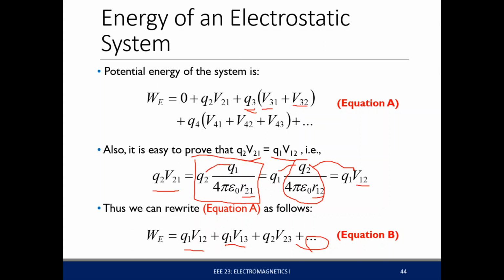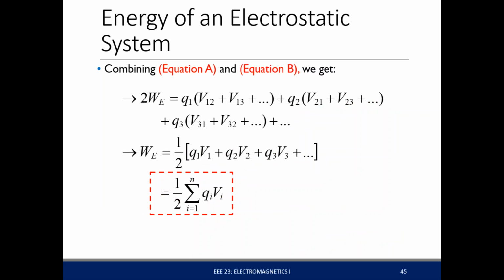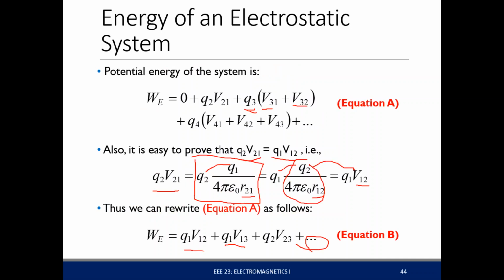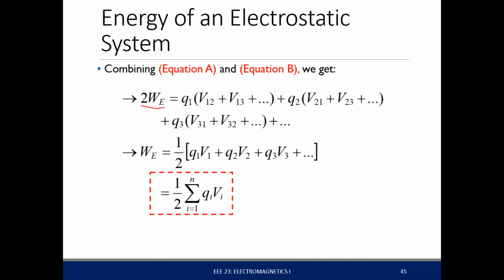With that, if we combine equation A and equation B together, we get this expression right here. We combine that, and we get this expression plus this plus this.